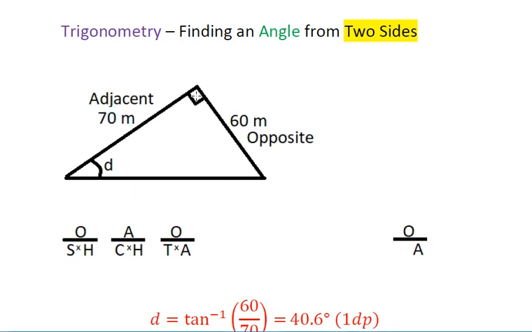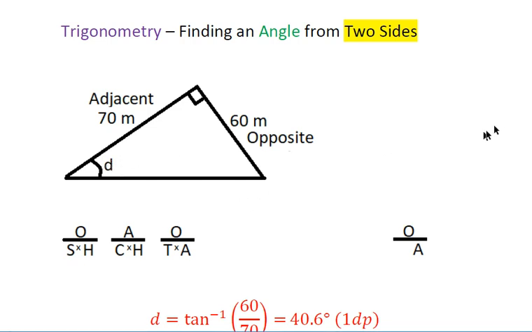Obviously an arrow going from the right angle shoots over to the hypotenuse, and the adjacent is right next to the angle, or the unknown angle in this case. And if you shot an arrow from this angle across to the other side, it goes to the opposite.